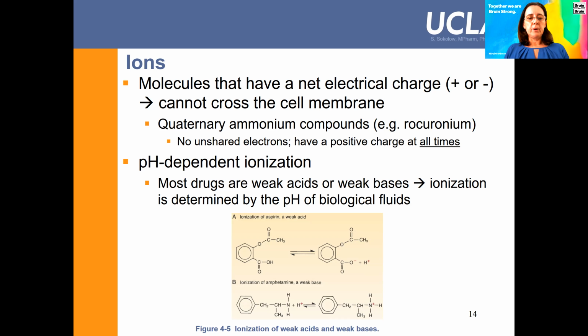So these are compounds that are injected, so you can bypass the crossing of the membrane. And I will talk about this when we talk about agents that are used parenterally.